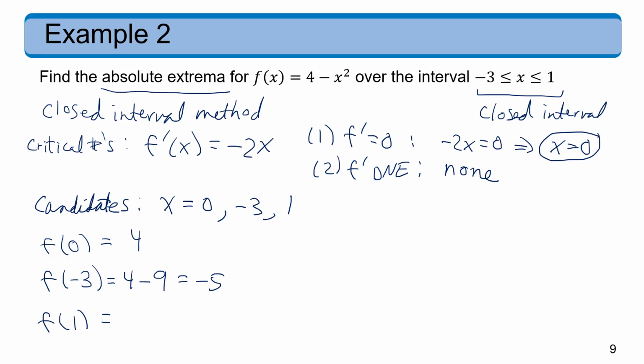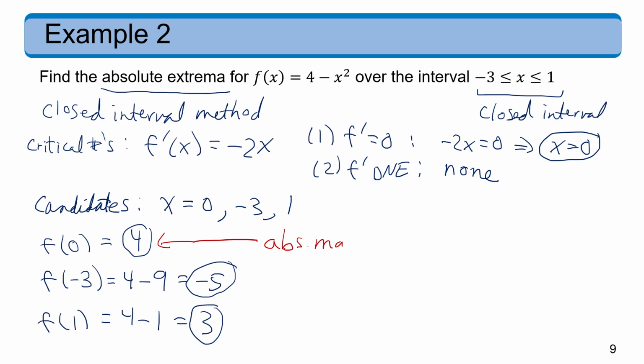And then f of 1 will be 4 minus 1, which is 3. So now we look at our 3 results. Find the largest of these, which is the 4. So that tells us we have an absolute max.